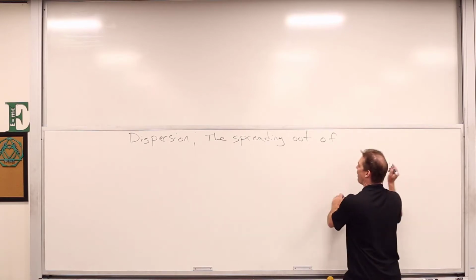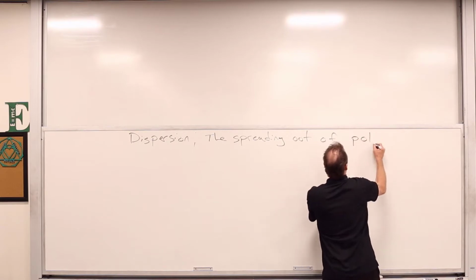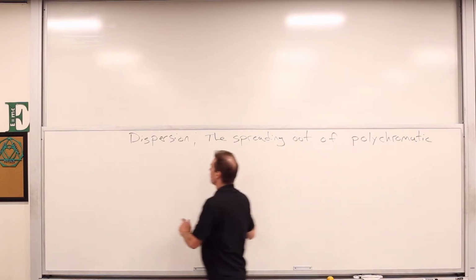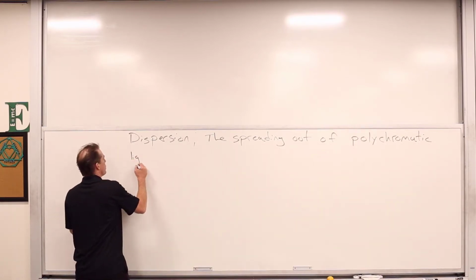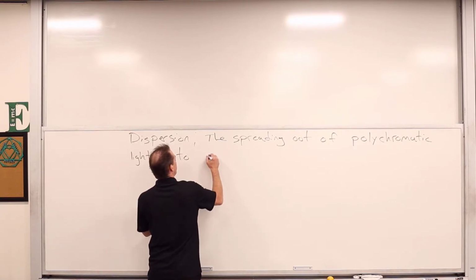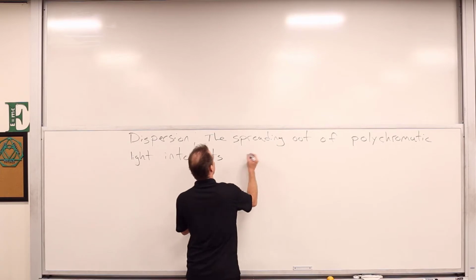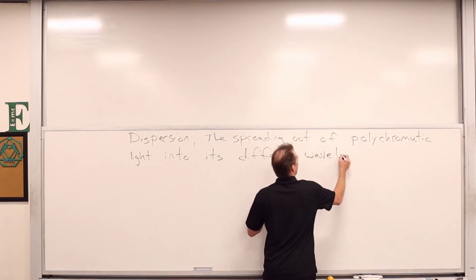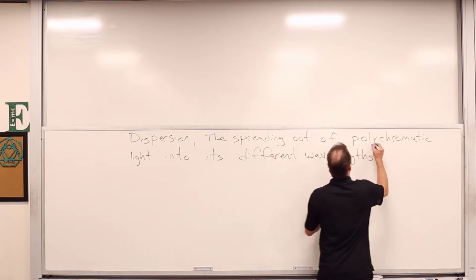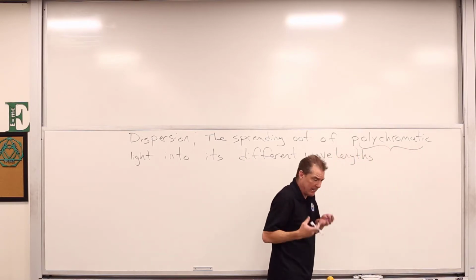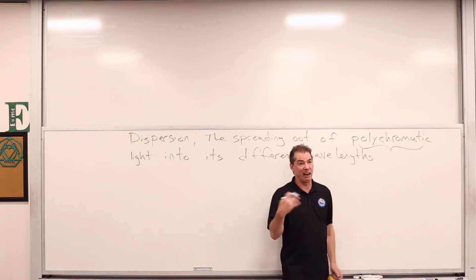We'll say the spreading out of polychromatic light into its wavelengths. Polychromatic means light of different colors or having different colors in it itself, as opposed to monochromatic, light of one wavelength.